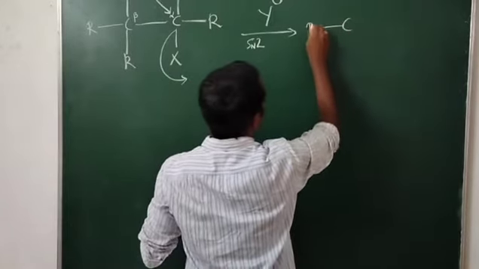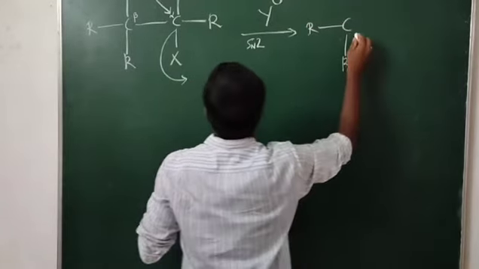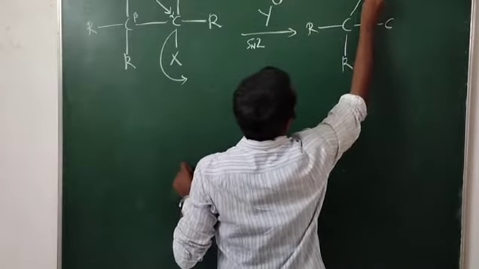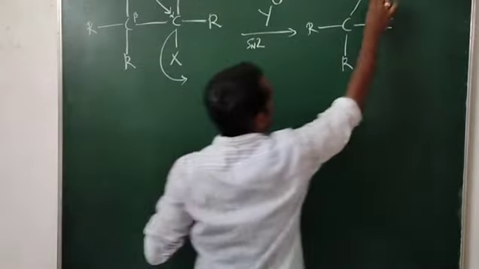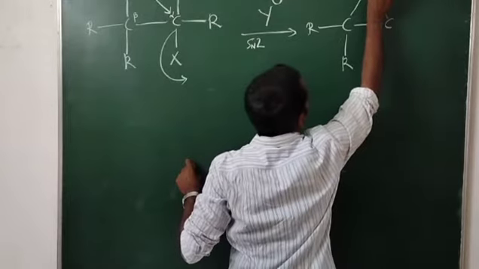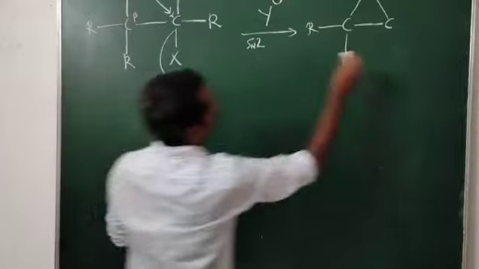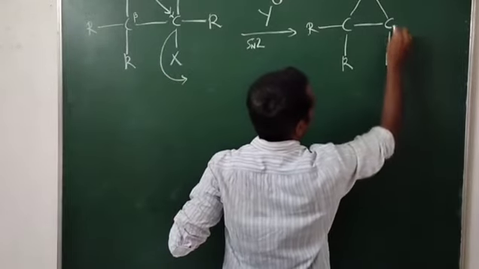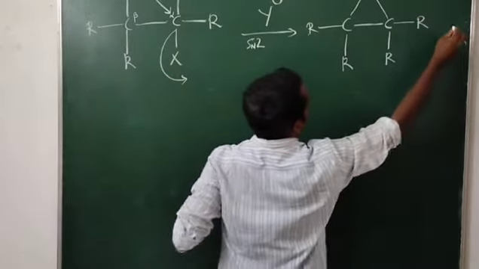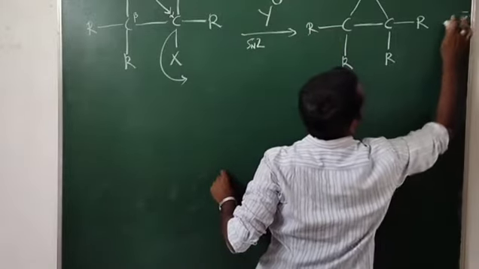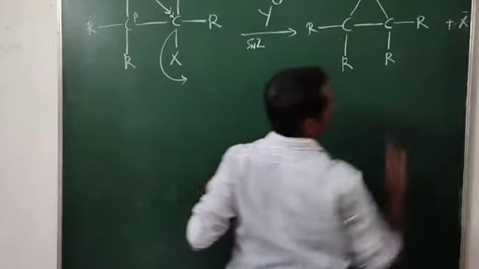Here it is R, and here it is C, and you can see that this is our Z. Z is attacking on this carbon, so here is a bond, and Z is getting a positive charge. And you can see that there is an inversion of configuration, so here it is R and R, plus X minus.